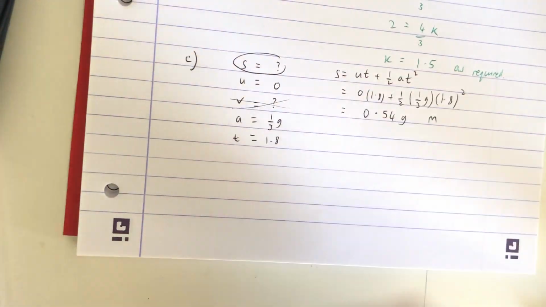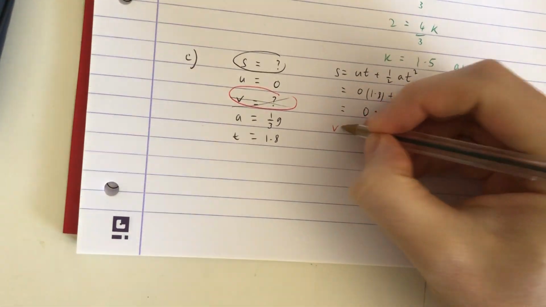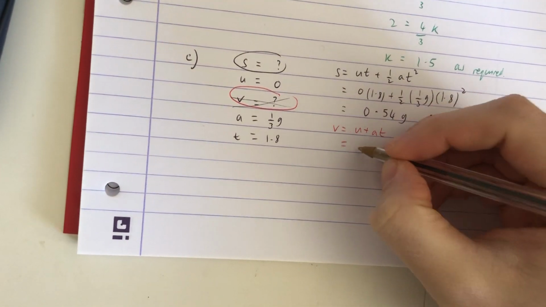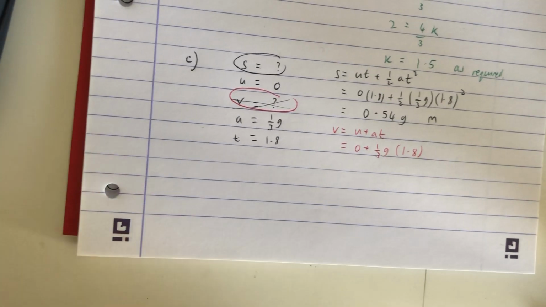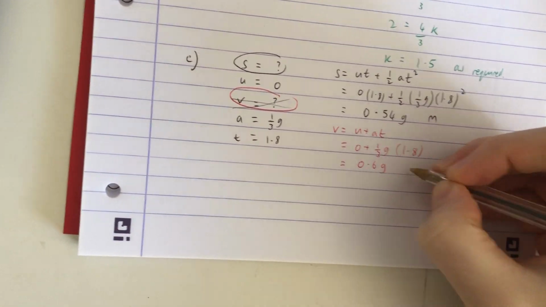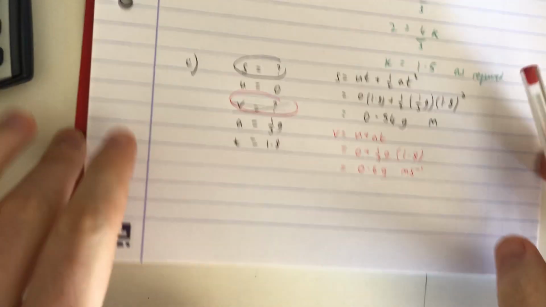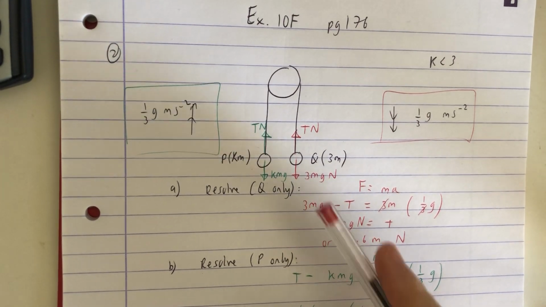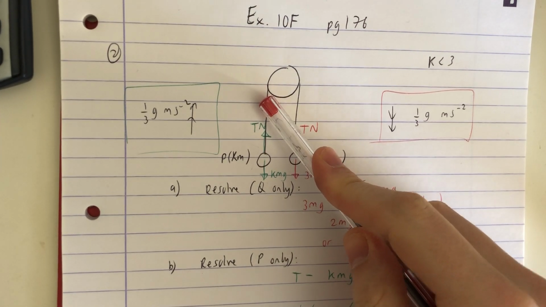This time you want to work out final velocity, so v equals u plus at, which is equal to 0 plus a third g times 1.8, and that would be 0.6 g meters per second. So the speed of Q as it hits the ground is 0.6 g meters per second. The speed of P once Q hits the ground is 0.6 g meters per second.